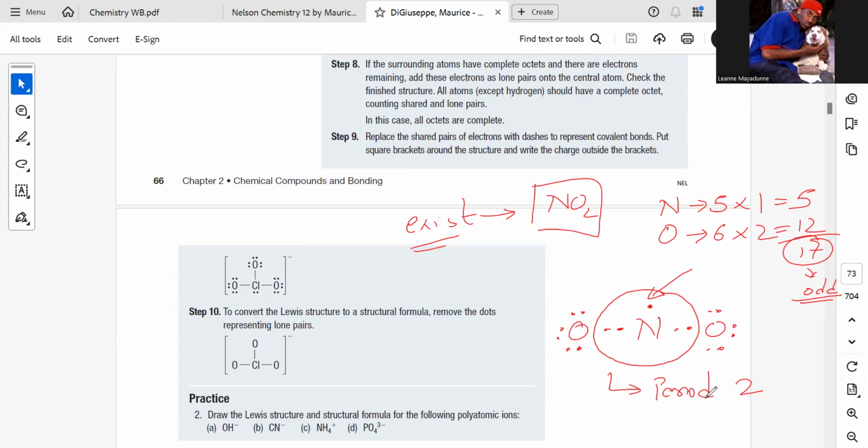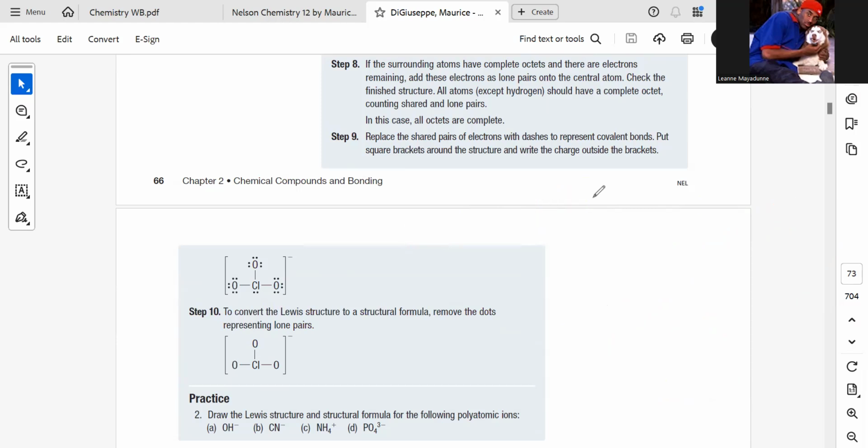There is a reason to that which we'll learn in grade 12, because there is a concept called hybridization. I'm not introducing that to you now, but remember, in simple terms, if it is period 2 and lesser, the central atom will not have an expanded octet. It can have an incomplete octet.